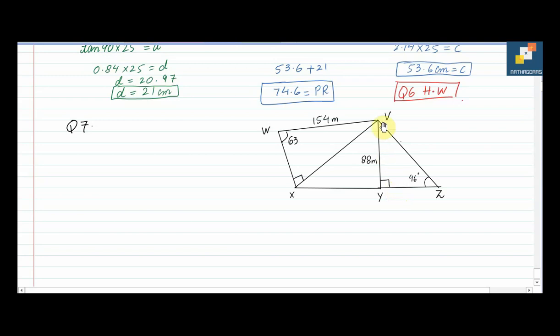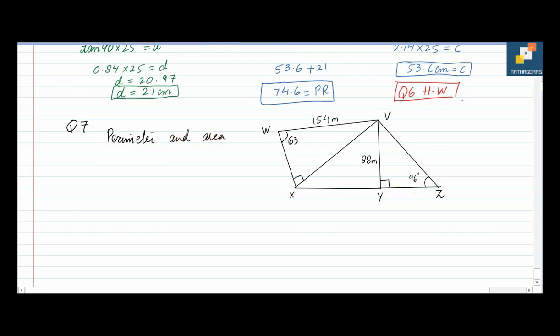Angle VWX is 63 and VZY is 46. You need to find the perimeter and area.